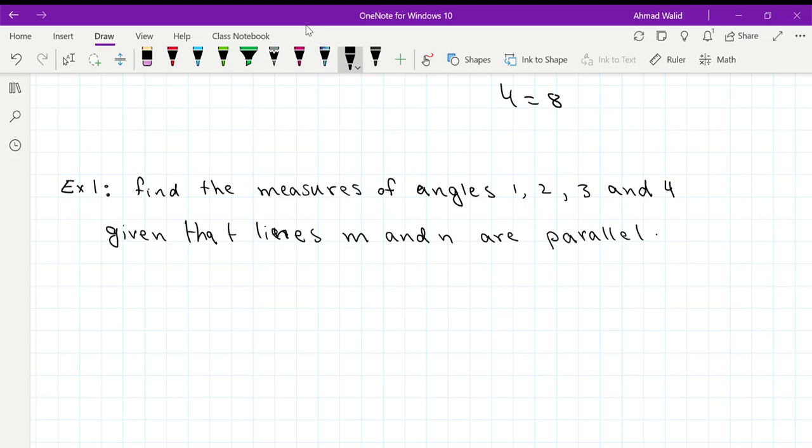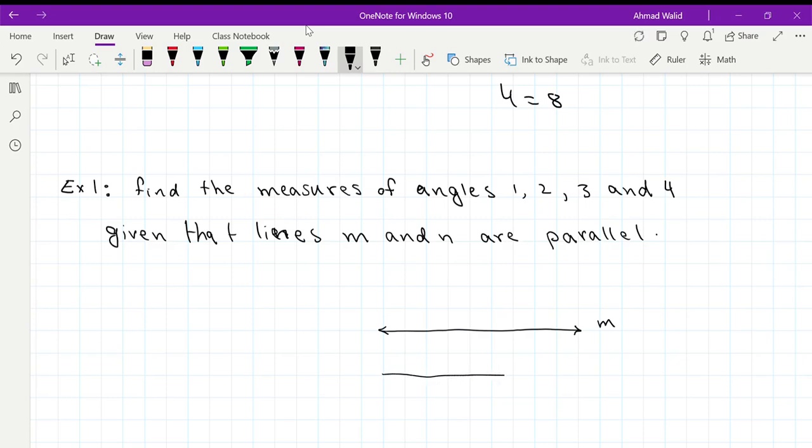Now, I'll draw the diagram for you, whatever is given to you in your book or in this example. You have two lines. This one is line M, and you have another line parallel to this.